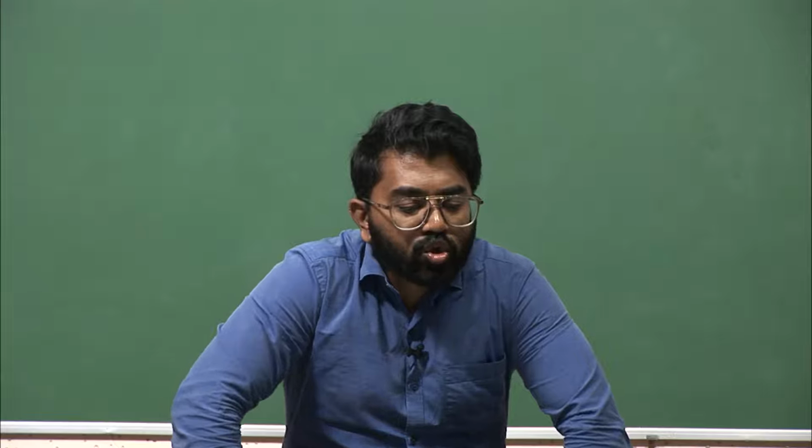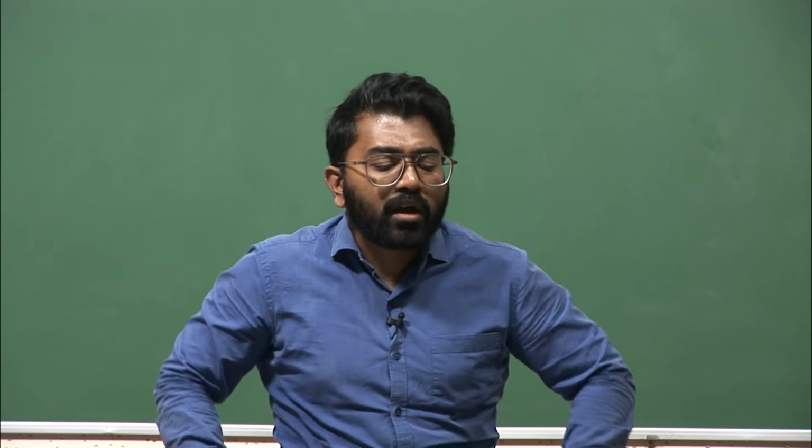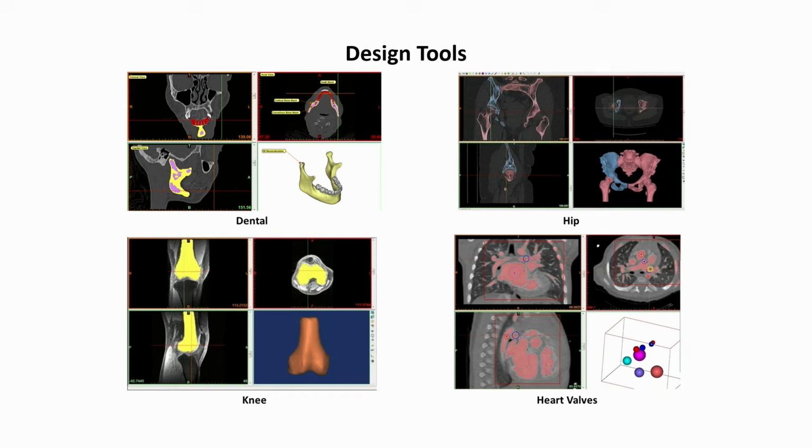So, just to showcase some of the outcomes of this DICOM image segmentation process. The first example is a dental model. Typically you are looking at 3 sets of planes, each with a stack of images of its own, and you try to segment them through auto segmentation, and it comes out with a very nice dental model with a clear demarcation of the gum and the different teeth, right.